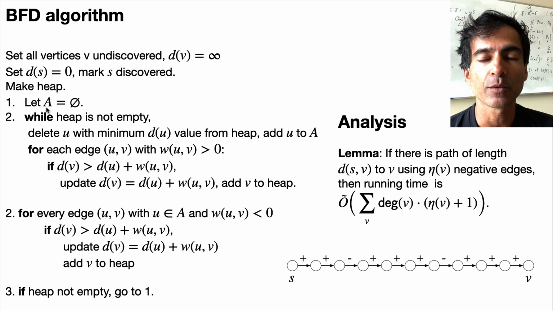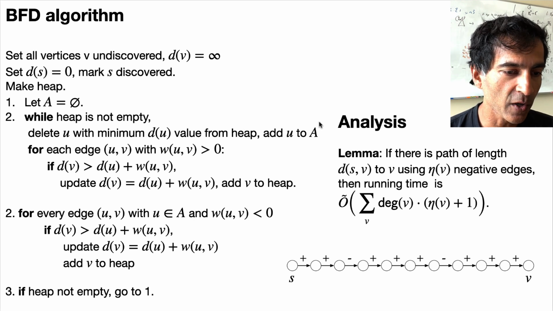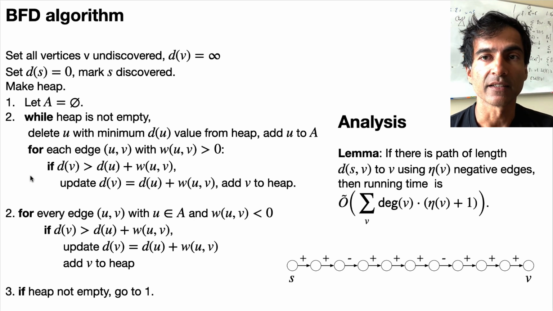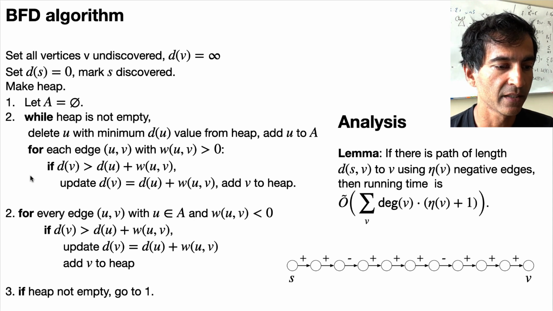We have this set A, which we initially set to be the empty set. And while the heap is not empty, this first part is basically Dijkstra's algorithm, where we run Dijkstra's algorithm just using the non-negative edges in the graph. Just consider only those edges whose weights are non-negative.